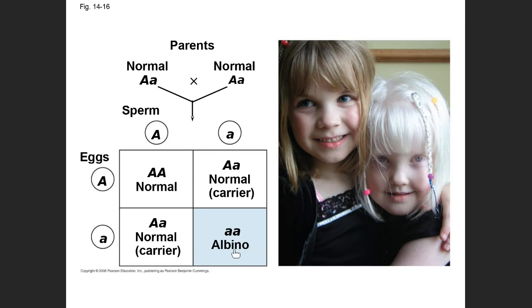Because there's a 1 in 4 chance of getting those 2 recessive alleles. Now the genotypic ratio is 1 to 2 to 1, because that's the characteristic genotypic ratio for a monohybrid cross.